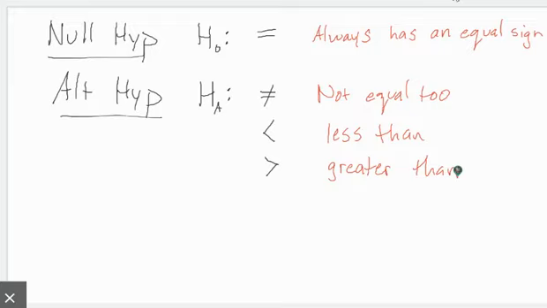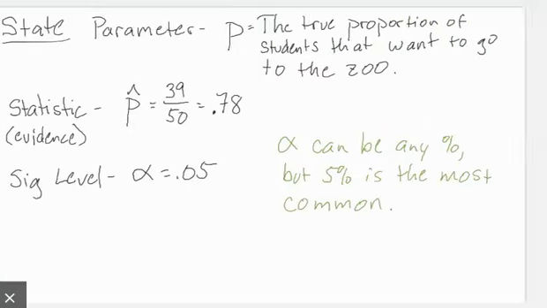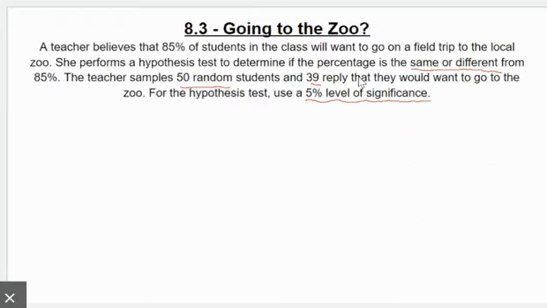Now the question comes up, how am I supposed to know which one it is? Well, the wording of the question, when you read your FRQ, will give it to you. If you go back to the original question, I even underlined it, it says the same or different.